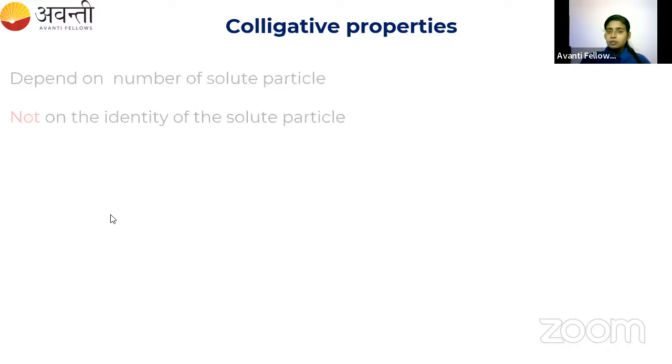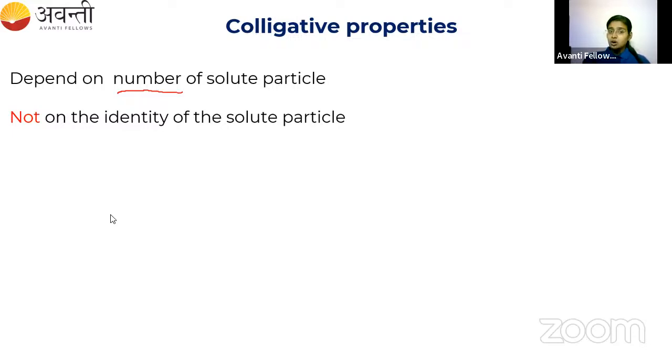Colligative property depends on the number of solute particles and not on the identity of the solute particles. Identity means the nature.